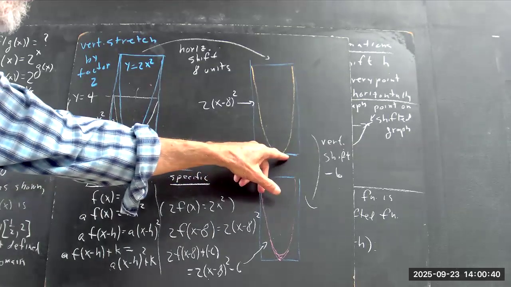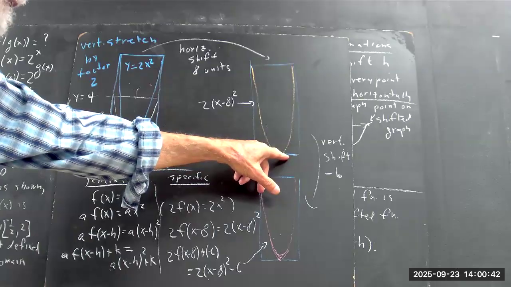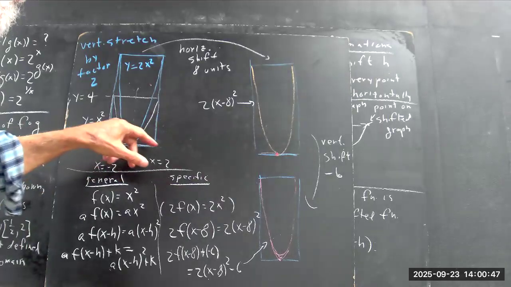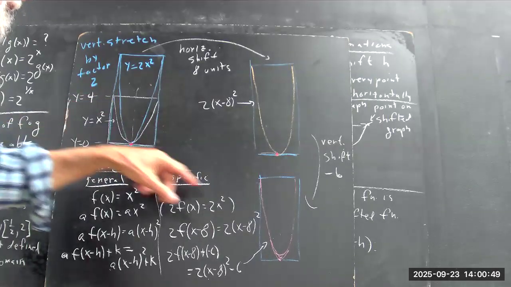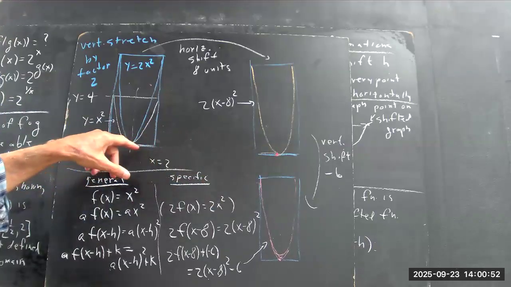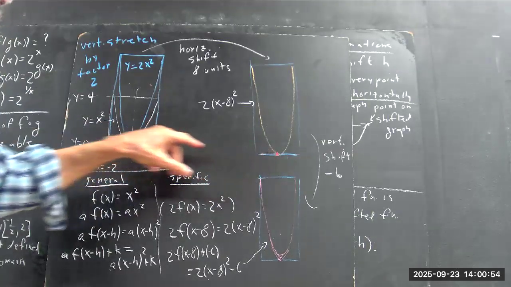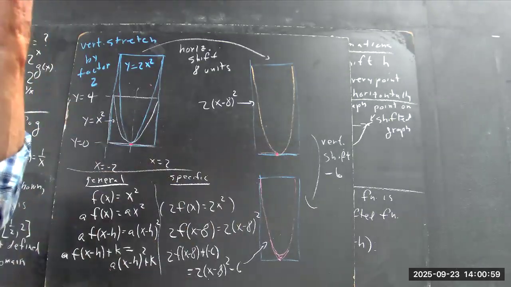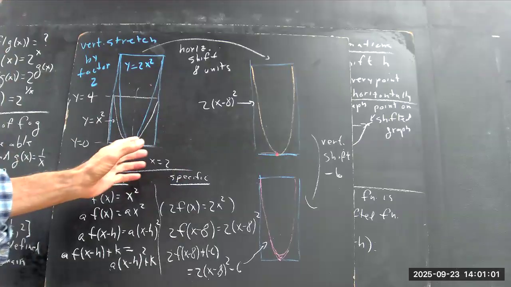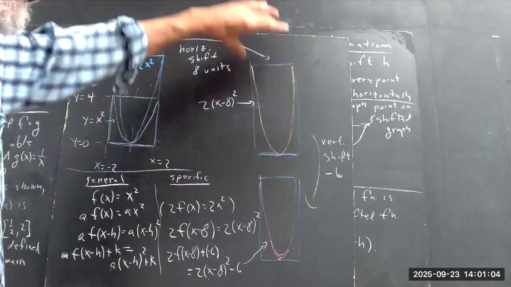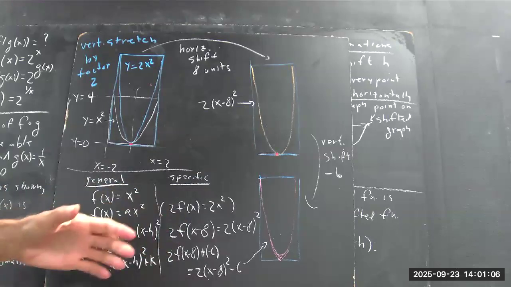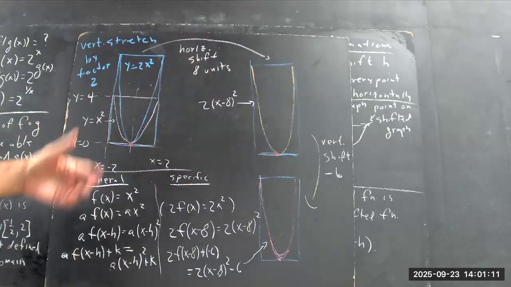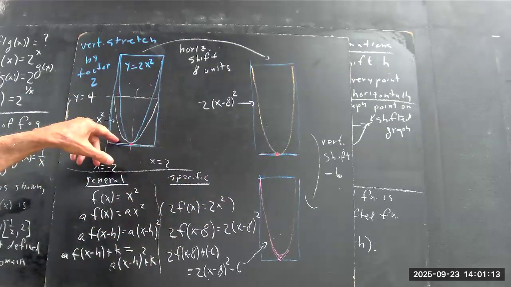If you didn't subtract 8 from x, you'd be squaring a much bigger number to get the same y value. If you subtract 8 from these values, you end up squaring the same number here as you do here. So you're compensating for the fact that x is much bigger, but the y values aren't. Subtract 8 from x, do the calculation, and you get the same y values you have over here.